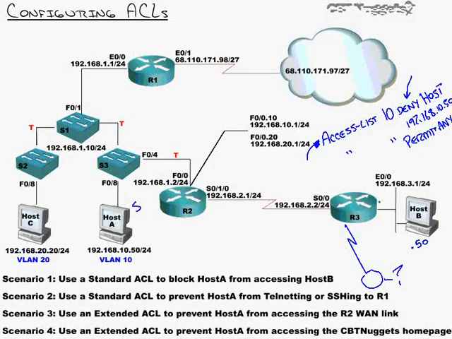I want to make sure I emphasize that one more time. As somebody is going out this interface, be the router, be router 3, hold your arm out. Your right arm is Ethernet 0/0. As somebody tries to leave your right arm, if they are the source, 10.50, they will be denied.